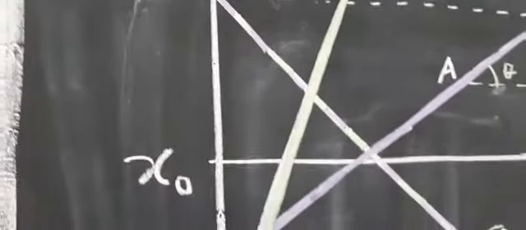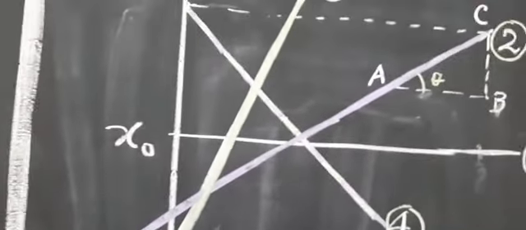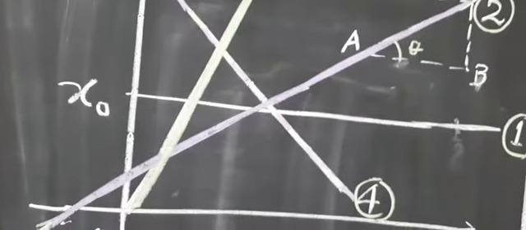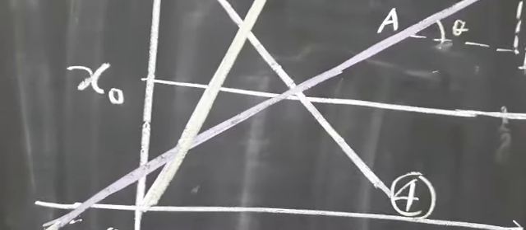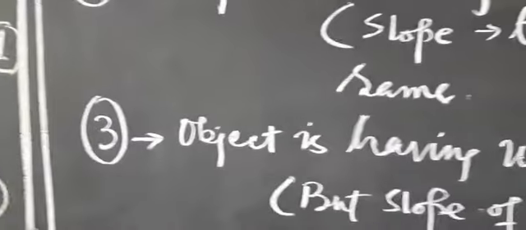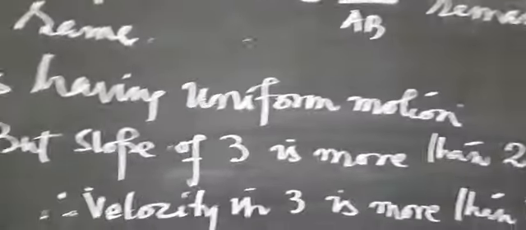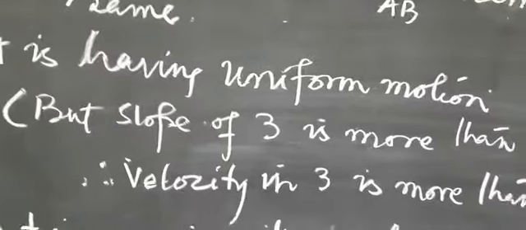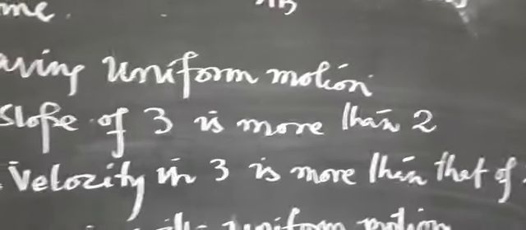If the slope is more, that means velocity is more. So what do you have to write? For the third graph, the object has uniform motion, but the slope of 3 is more than 2.